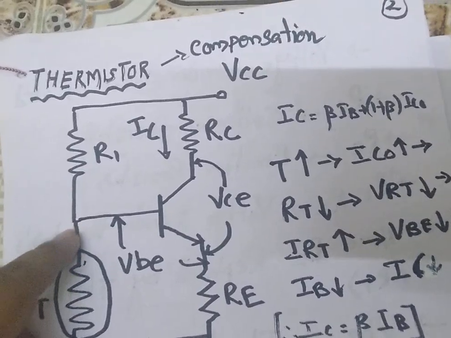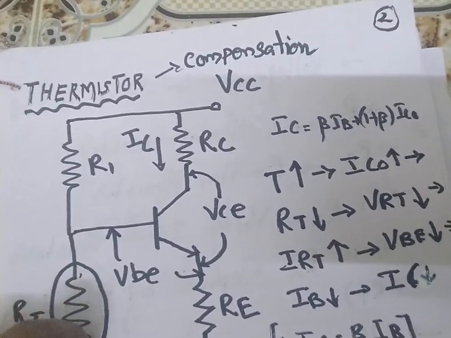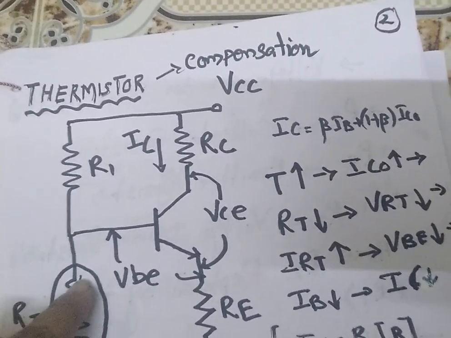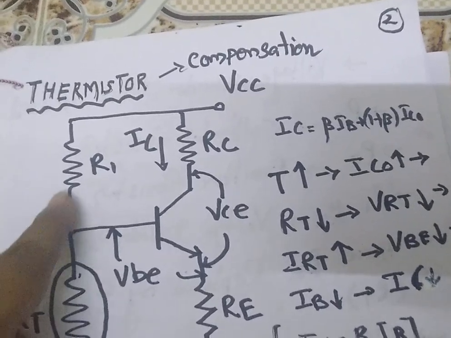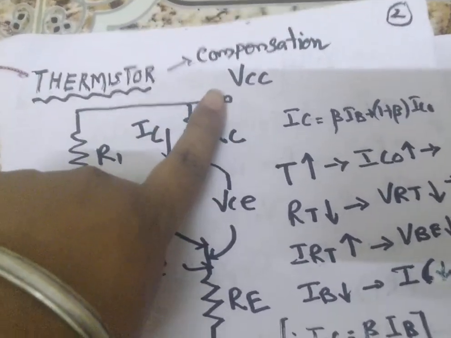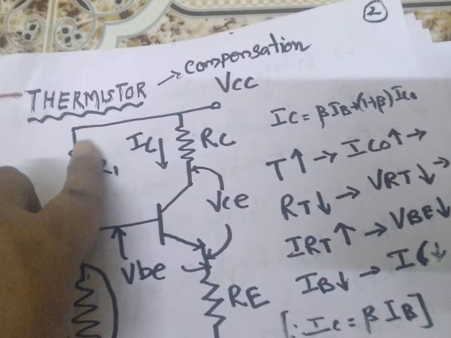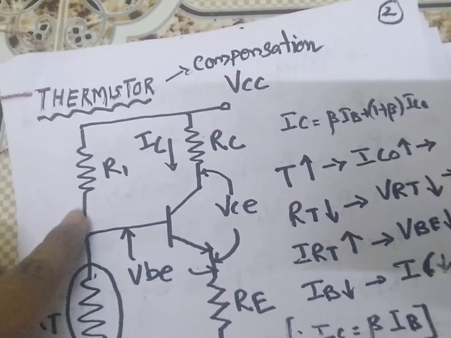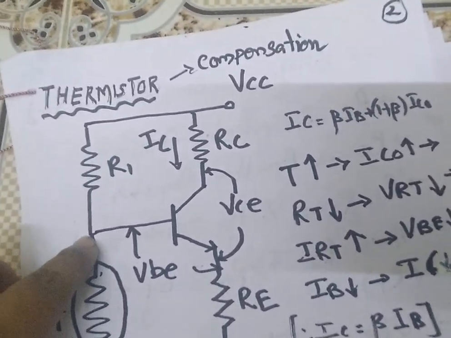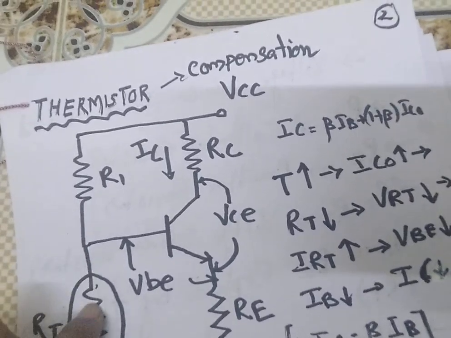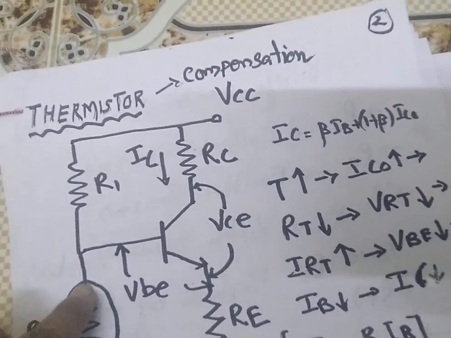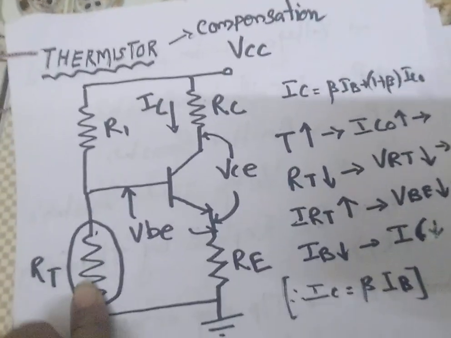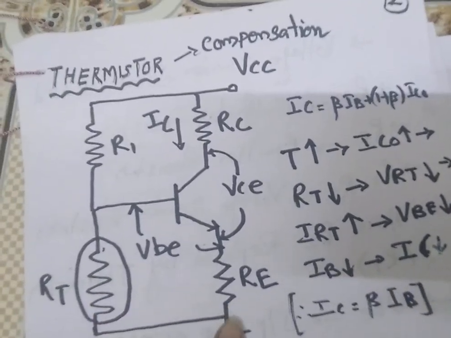Since this is a negative temperature coefficient, the RT value will decrease. The increased current flows through R1, and since this resistance is reduced, the entire current goes directly to the ground terminal.